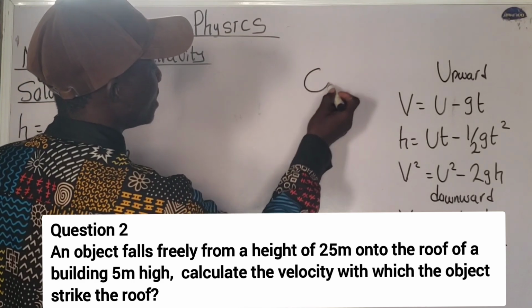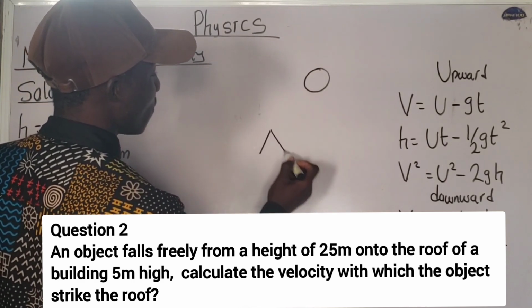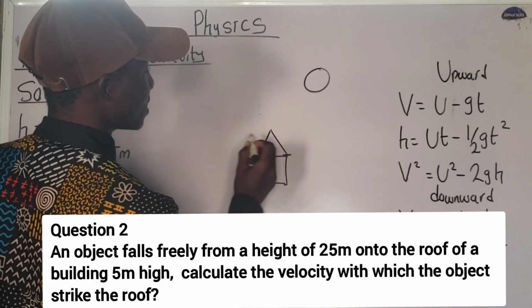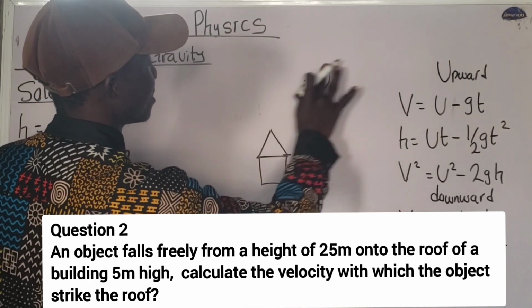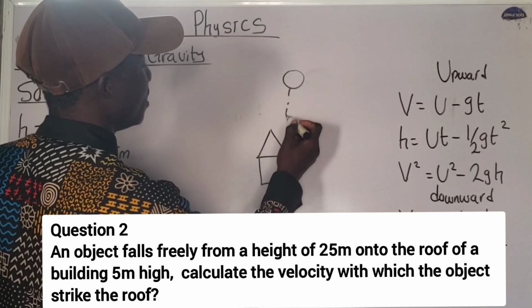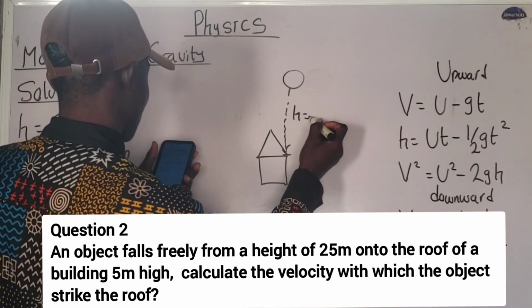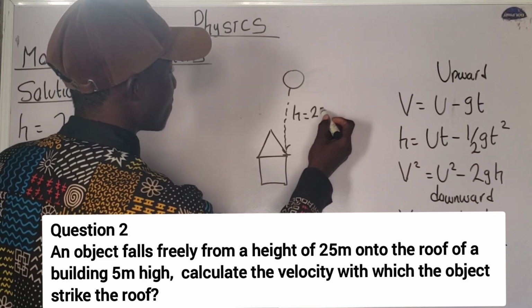Let's say this is the object. This is the roof of the house. Now this object falls freely from this height. The height of the object now is 25 meters.